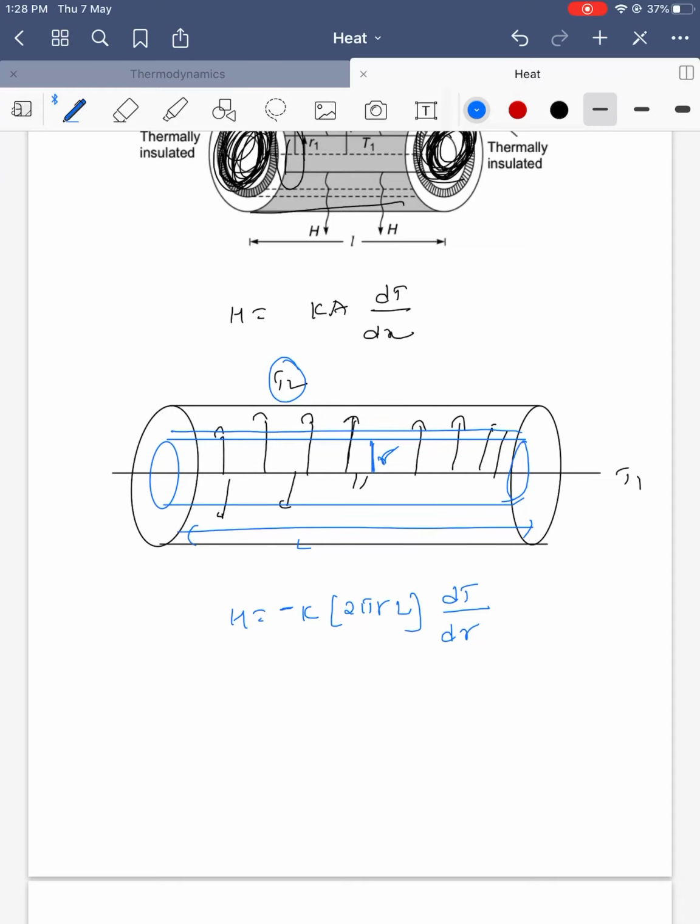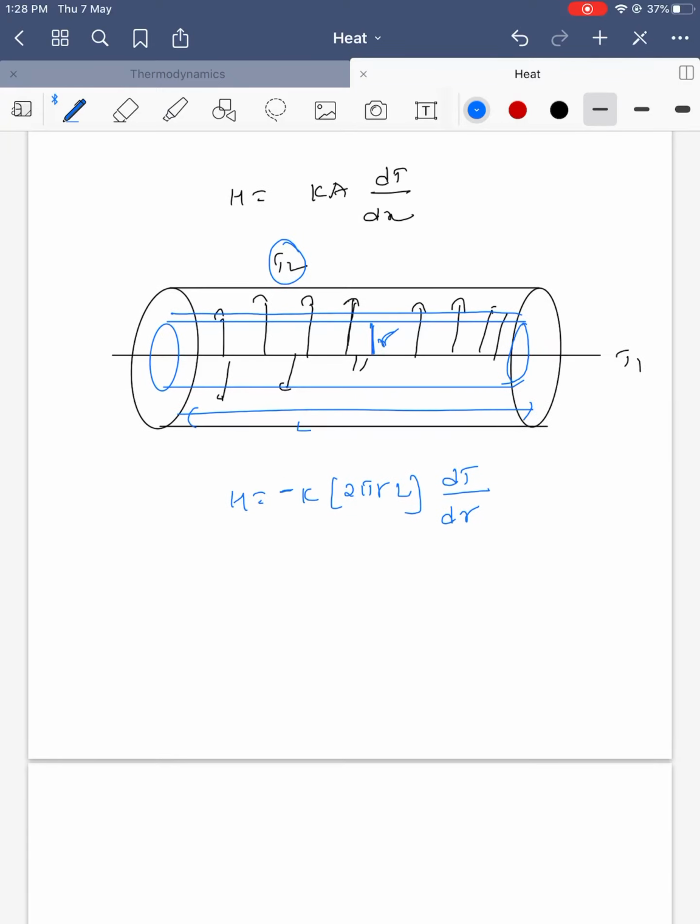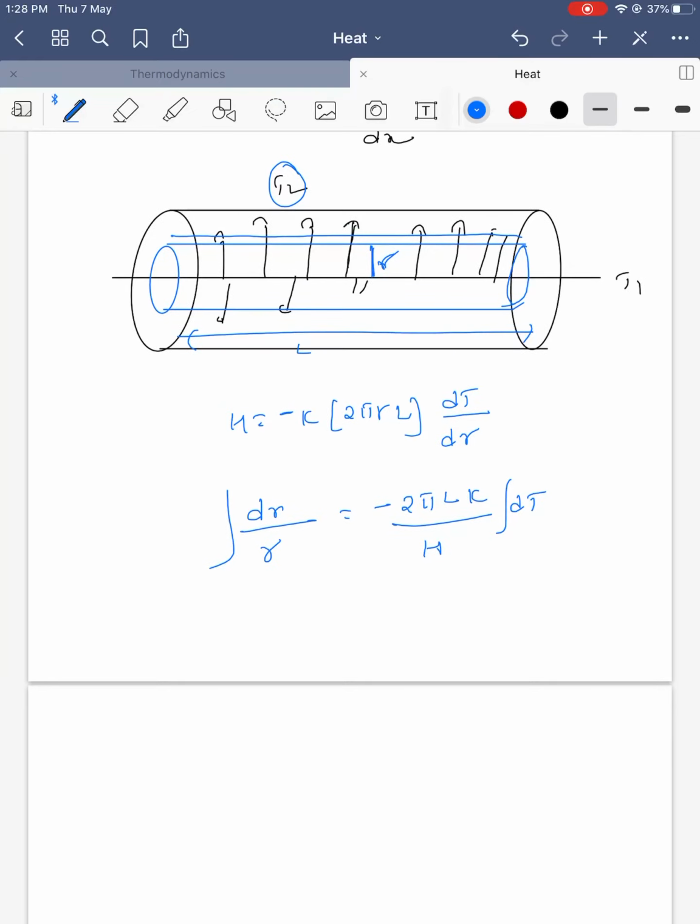So to simplify, dr by r is equal to minus 2 pi L K by H into dT. Integrating on both sides, from where to where? R1 to R2.